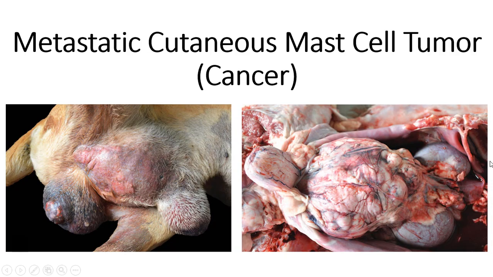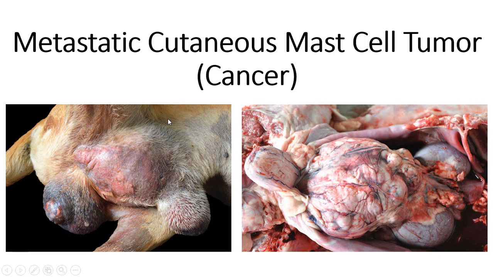Here is a tumor that we can find in the skin of animals. These examples were obtained from dogs. This is the tumor on the skin. You can see these big lumps on the skin, I guess in the peripheral skin.